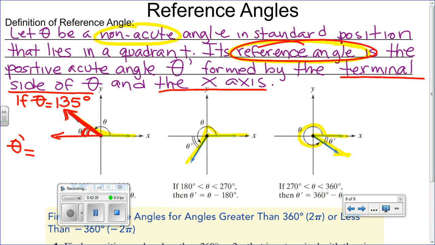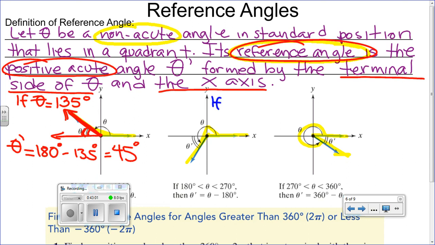So if we say 180 minus 135, we get 45. That's the reference angle. Reference angles will always be positive and they will always be acute. Don't forget that.